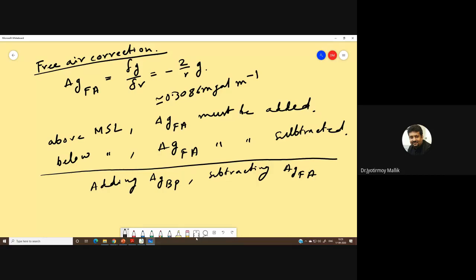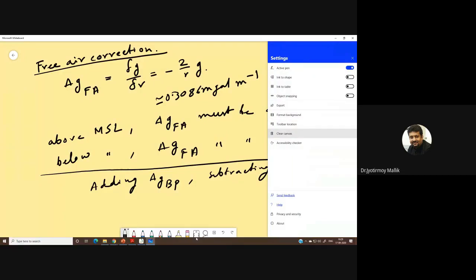So in total, altitude correction is a combination of delta G BP and delta G FA.